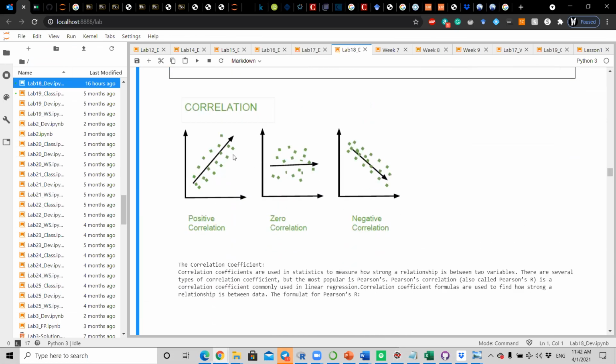So let's have a look at these three plots. In the first one, with bigger values on the x-axis come bigger values on the y-axis. Do we agree on that? This is a positive correlation, also a positive covariance. How about this one? Would you say that with bigger values on the x-axis, you're getting bigger values on the y-axis?